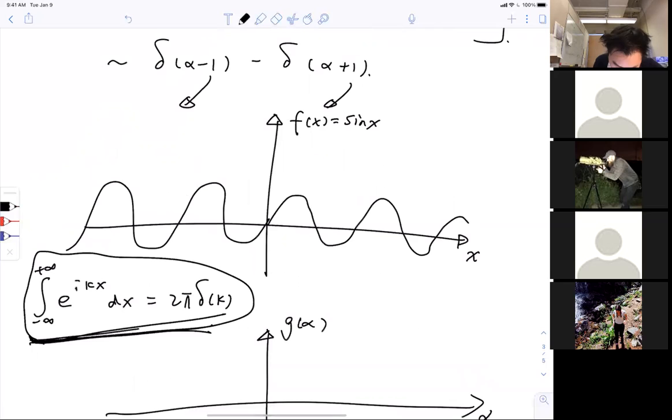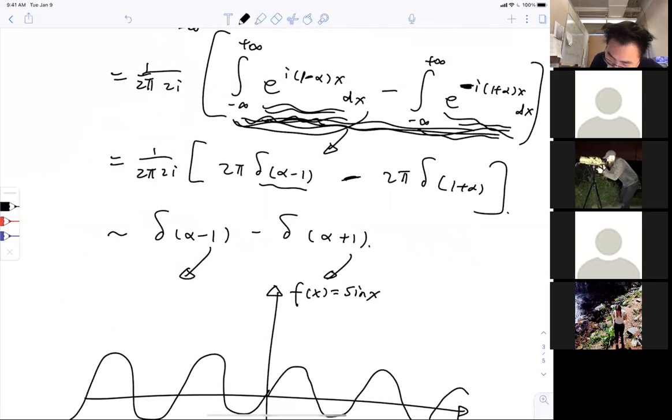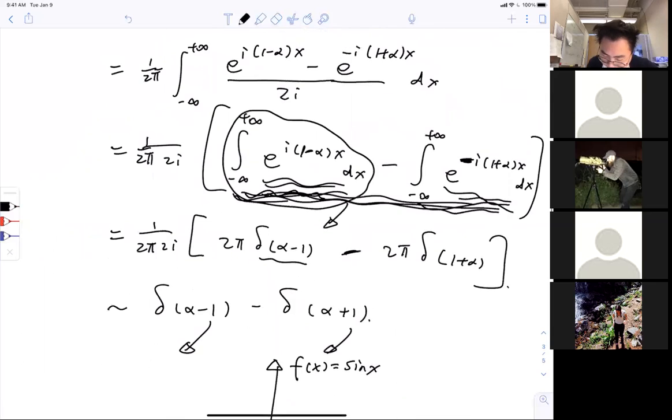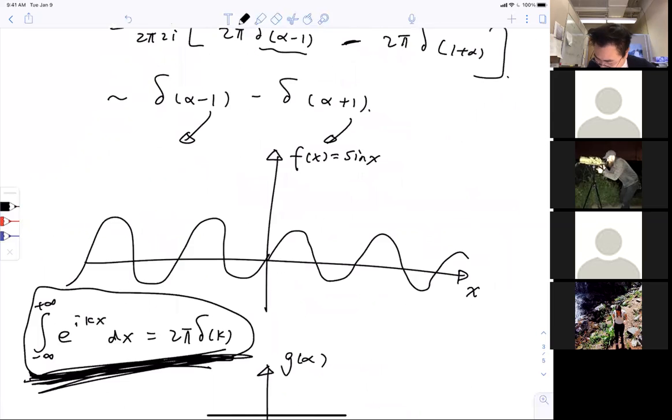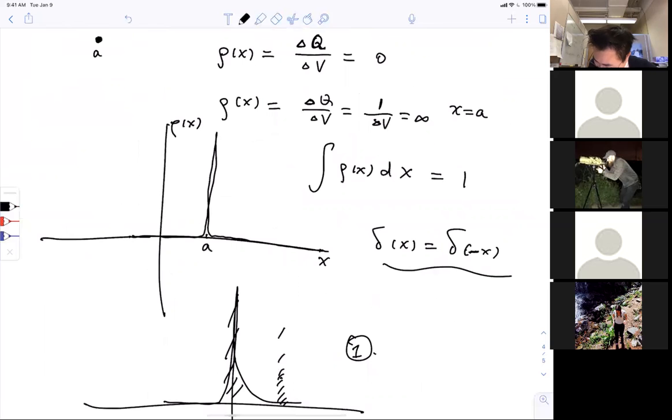So if we have this equation, then we know that this becomes delta 1 minus alpha. And what I said before, this is an even function, so we can put a minus sign in front.